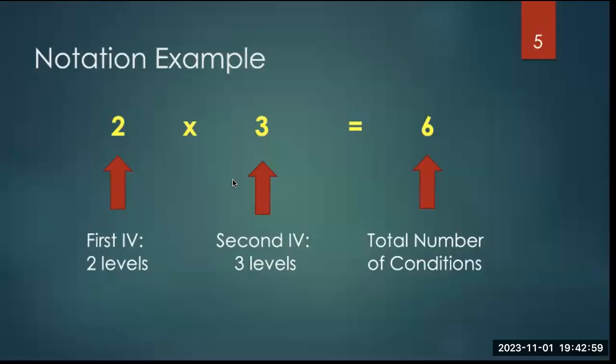So make sure you understand the difference between a level and a condition. A condition combines the independent variables. The reason there are 6 conditions for that example I gave is there's a condition of morning plus no caffeine. That's one condition. Morning plus some caffeine. That's the second condition. Afternoon with no caffeine. That's the third condition.